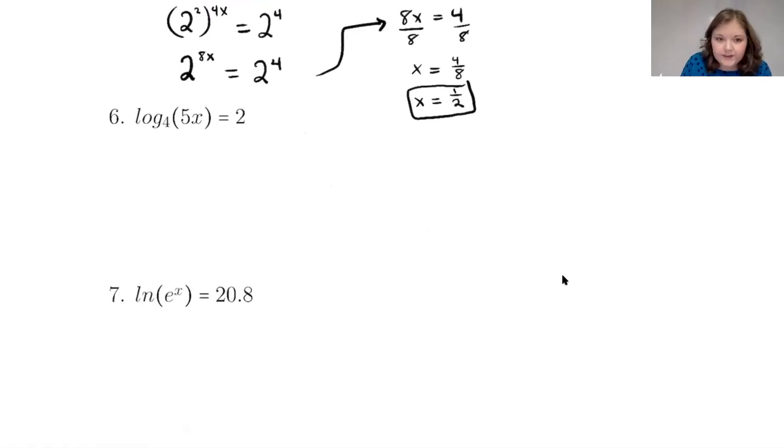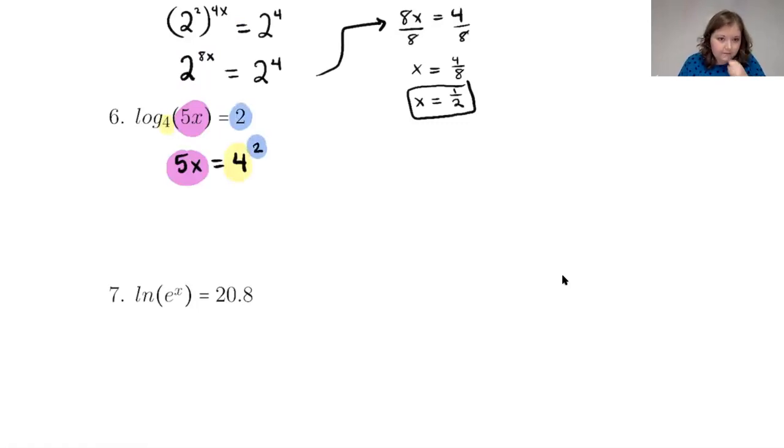Okay, so number 6, the first thing we'll do is rewrite it as an exponential equation. So 5x equals 4 squared. So 5x moves here. The 4 becomes our base, and our 2 becomes our exponent.